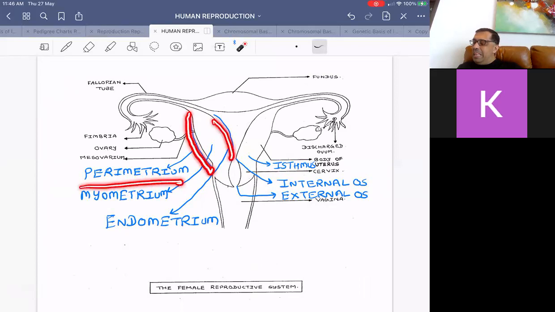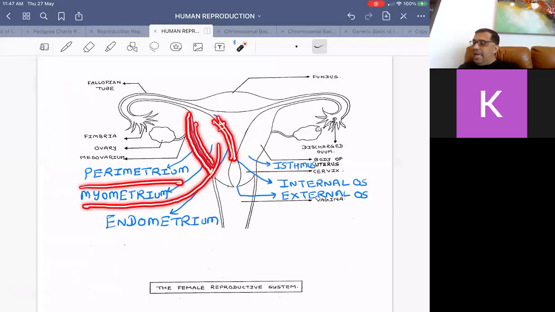The middle is a very muscular layer called the myometrium. And inside is a layer full of blood vessels, uterine glands, and mucus glands.